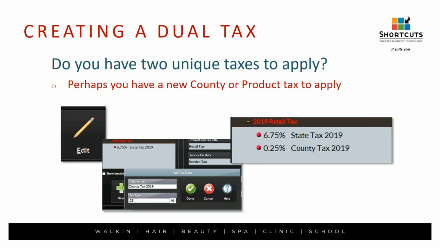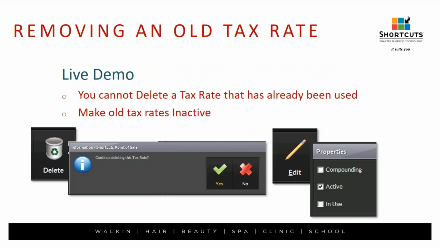So a total of 7% tax. But the county needs to see it broken down. And this is also going to help your tax preparer to see how much was this particular county tax and what were your totals. So to apply this new tax, to create it, how would it work?